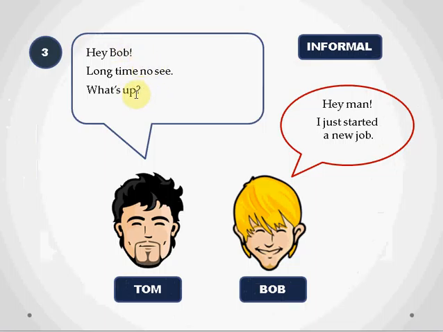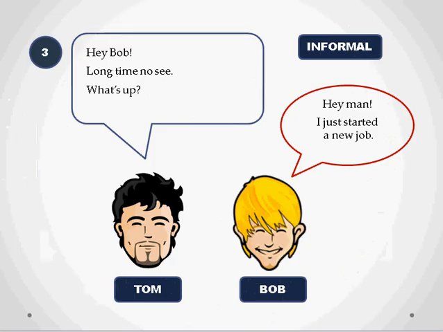It's all combined together, one sentence after another. And Bob would say, "Hey man, I just started a new job." So here, Bob is letting his friend Tom know about what's new in his life. And in this case, it's a new job.